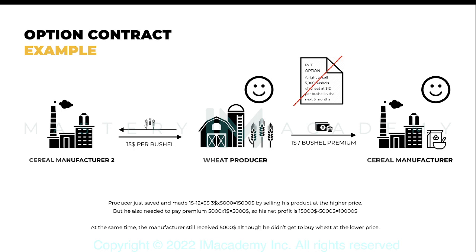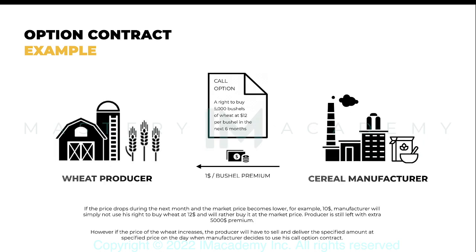Okay, so let's switch it up for a moment now. Imagine that instead of the put option, we sign the call option, which gives a right to the manufacturer to buy 5,000 bushels of wheat at the $12 per bushel price anywhere during the next 6 months. And it obligates the producer to sell it regardless of market price when the manufacturer decides to exercise the contract.